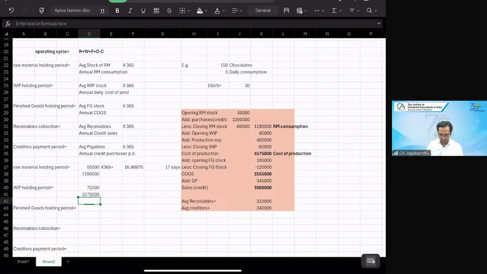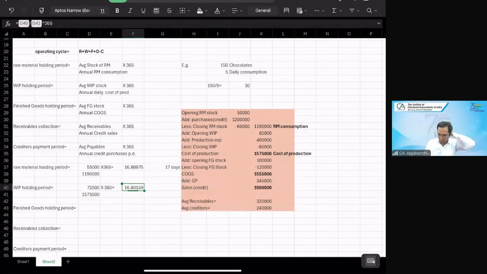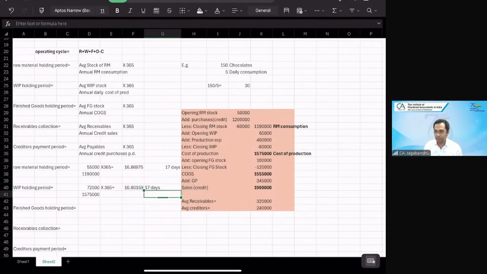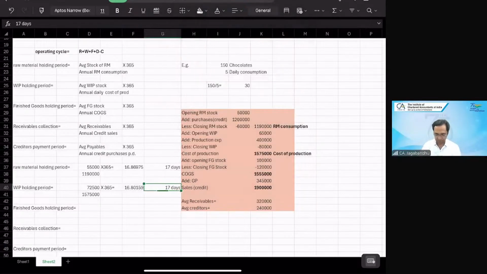So cost of production is this, and then we multiply it by 365. So this is 72,500 divided by 1575 into 365. So 16.89. Again, we round it up to 17 days. Right, guys? Got this number? 17 days.